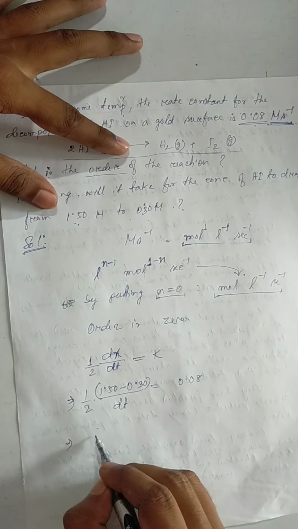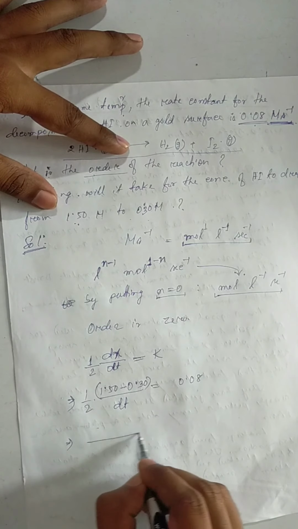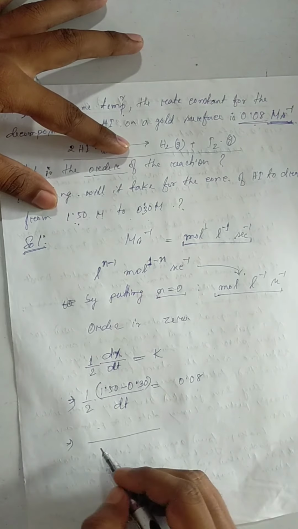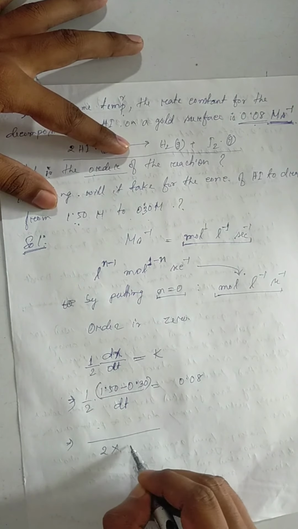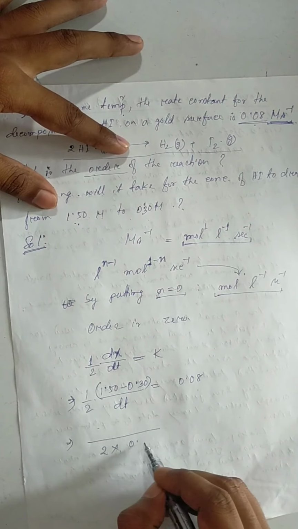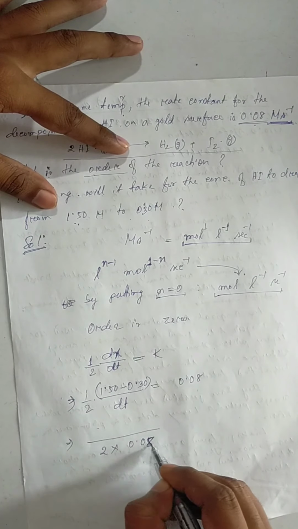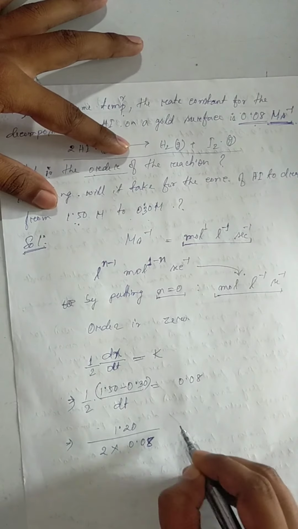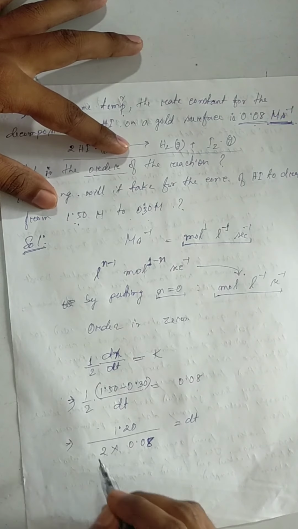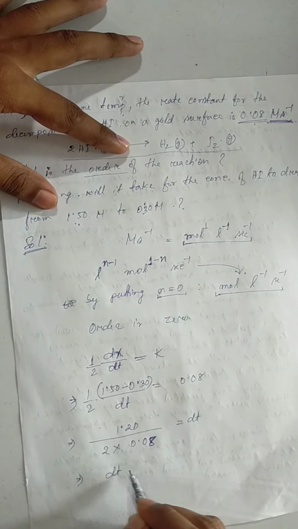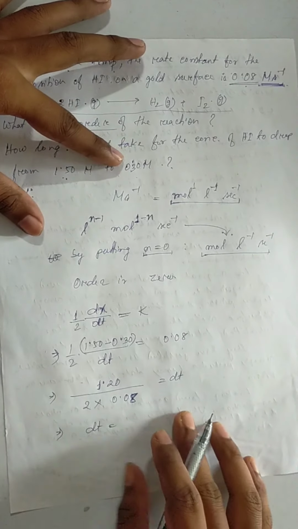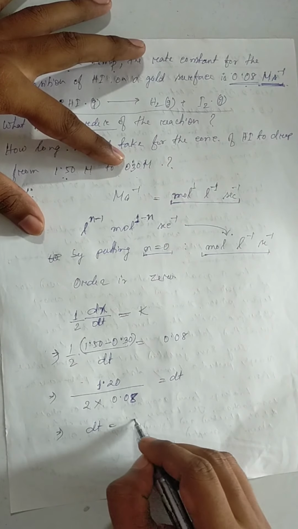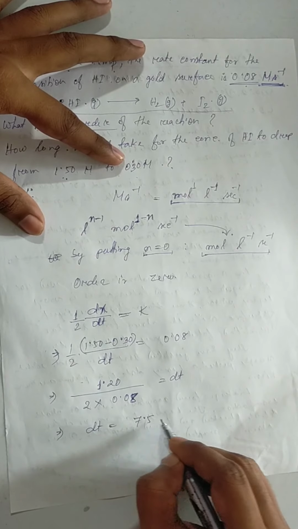We can take this from this to this one. You can take here 1.20 is equal to dt. Then we can find dt, it will be 7.5 seconds.